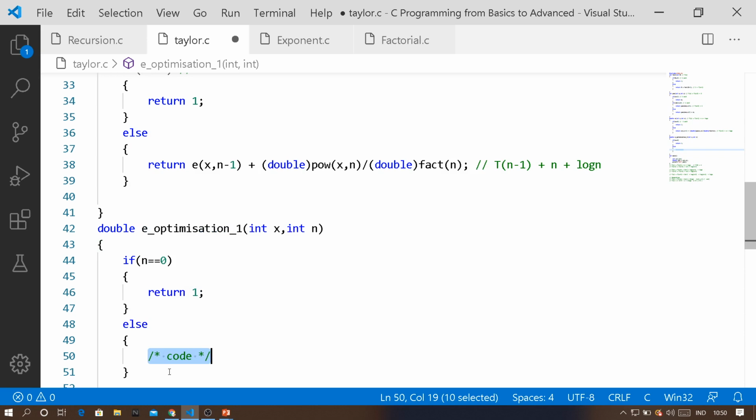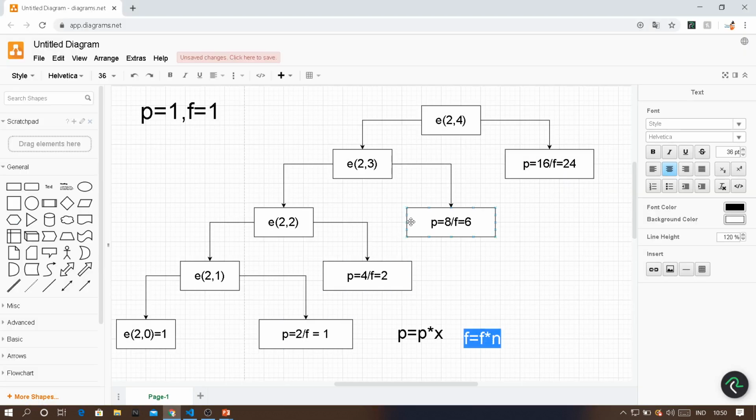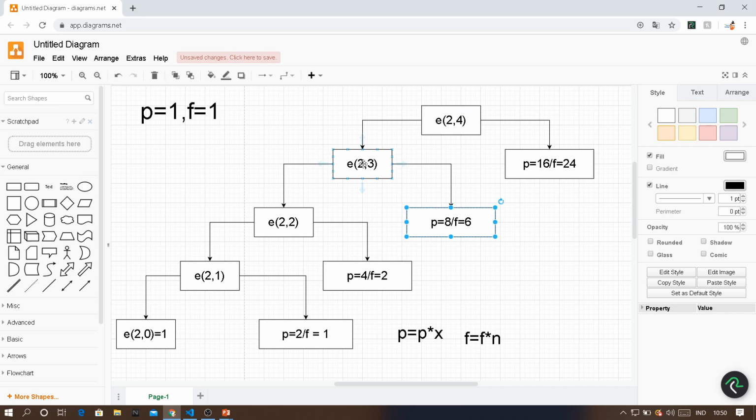What do we have to work on first? In the else condition only we have to go with the recursive call. Let us look at this tree structure: which one are we doing first, the recursive call or the power or factorial calculation? The recursive call we are doing first. Next we are doing the calculation of power and factorial. That too we are doing in the ascending phase. So the recursion call is the first primary thing that you should do.